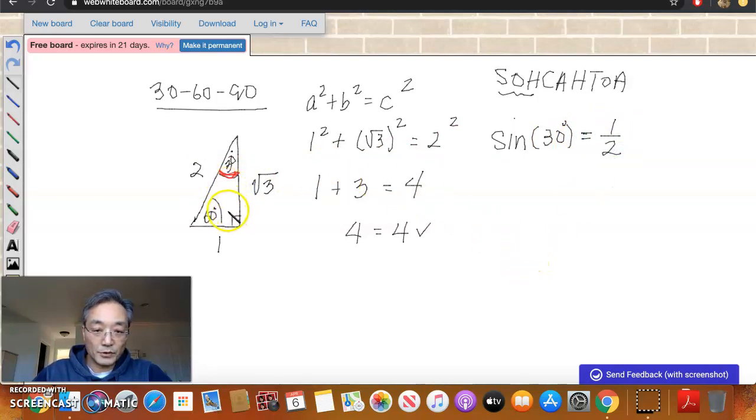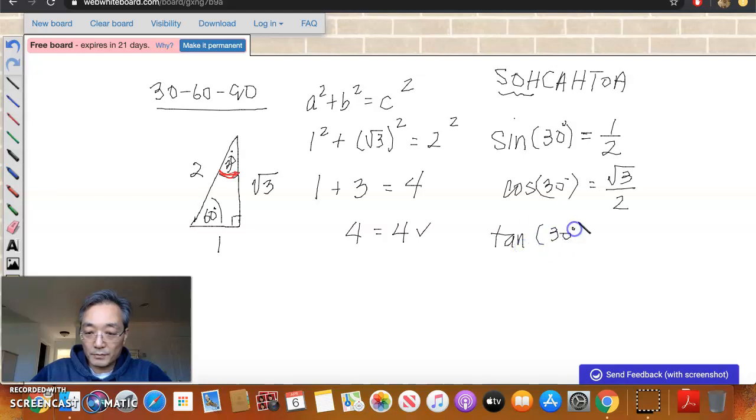Okay. Now let's do the cosine of 30. Cosine of 30 is adjacent over hypotenuse. So the side adjacent now is radical 3 and hypotenuse is 2. So cosine of 30 degrees is radical 3 over 2. And the tangent of 30 degrees, okay, the tangent is opposite over adjacent. So it's 1 over radical 3.